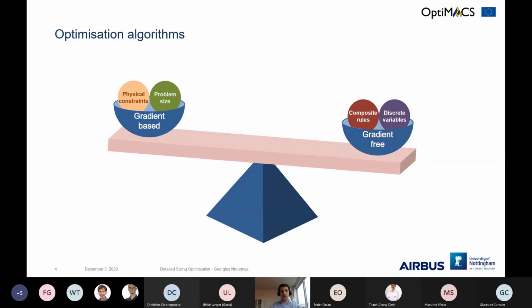But these algorithms work better with continuous design variables, and our problem, especially the part with the composite rules, is a very discrete problem. And for that reason, gradient-free algorithms might offer a better approach, but they come with the drawback that we need many evaluations, and then the computational cost becomes prohibitive.